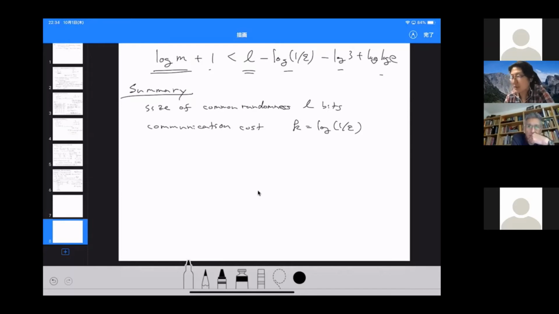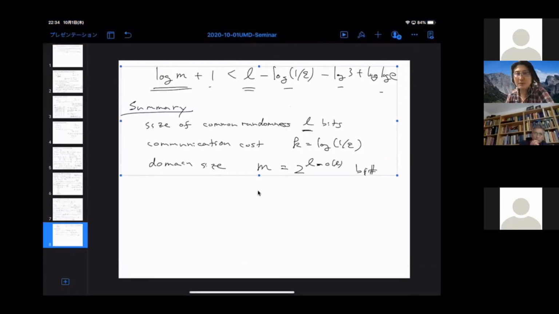So this is constant for fixed epsilon, and the domain size M is 2 to the power of L minus some negligible term. Okay, so for given L bits common randomness, we can identify exponentially many bits of messages. So far, any question? Can I proceed?